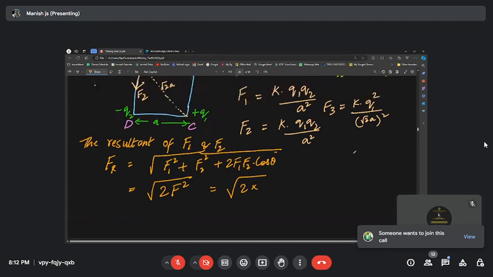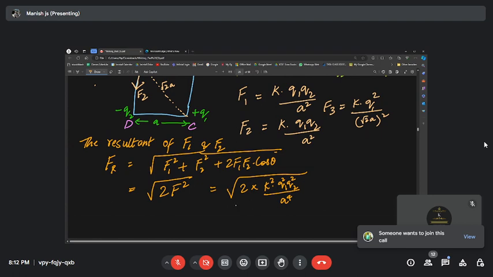F squared is K squared, Q1 Q2 the whole squared, which is Q1 squared times Q2 squared upon A to the power 4.